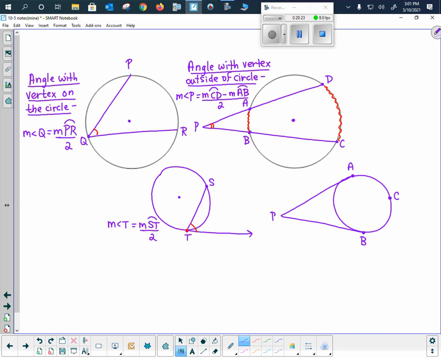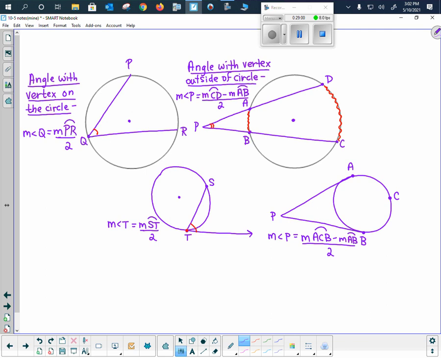And again, we'll call this P. Well, now you should be able to tell me, same sort of thing, that the measurement of angle P equals the bigger arc. Okay, well, the bigger arc goes from A to B through C. So remember, you got to call it arc ACB, right? It's going to be the major arc minus the minor arc. So the measure of arc AB all over 2.